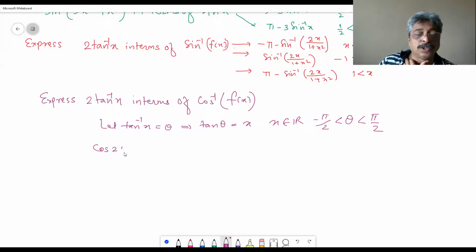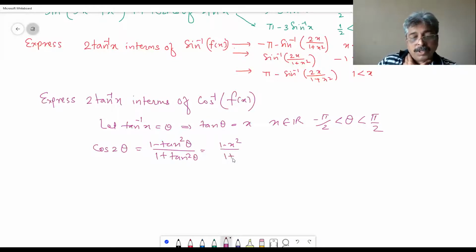So cos 2 theta is equal to (1 minus tan square theta) upon (1 plus tan square theta). We know that. Therefore, cos 2 theta is equal to (1 minus x square) upon (1 plus x square). And therefore, the denominator is always going to be positive and the numerator will decide the sign.